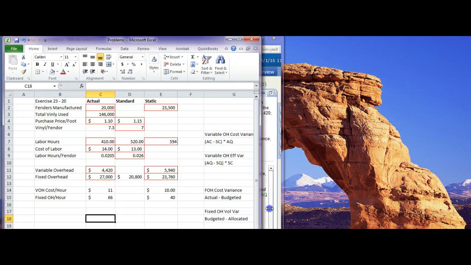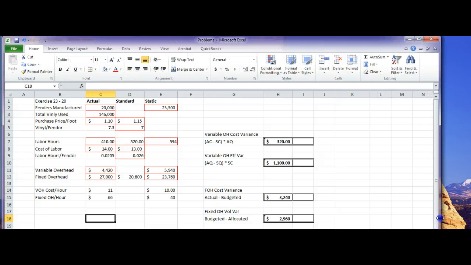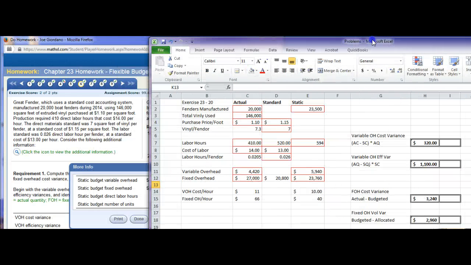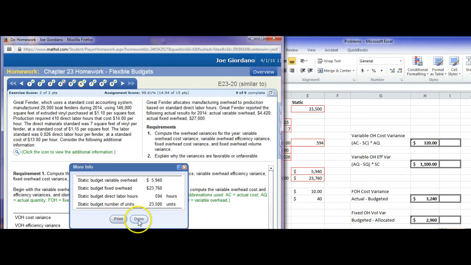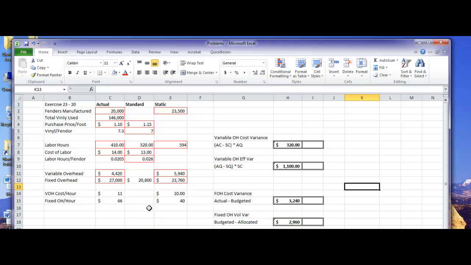So I can expand this. And if you notice, I already set this up so that these populate. And that's nice. And I'm going to cheat a little bit here and just organize things the way I want.